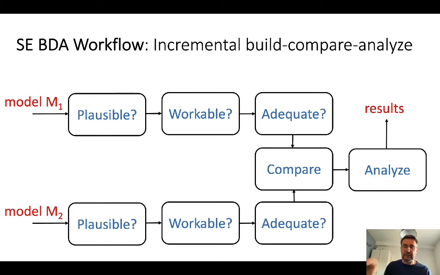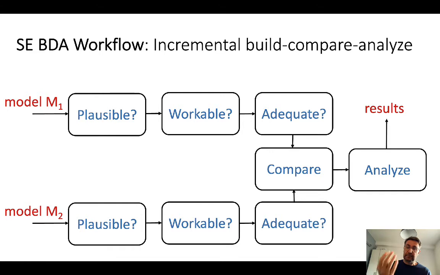So these three steps go from plausible, focusing on the prior, workable, focusing on doing computations with our model, and adequate, focusing on whether it actually reflects the empirical data that we have collected in a good way.